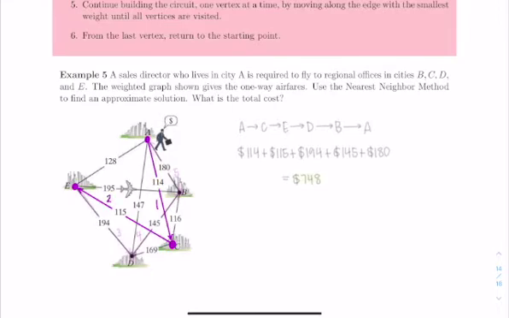From E, I can't travel to A because I still haven't been to B or D. So I need to either pick the 195 or the 194.